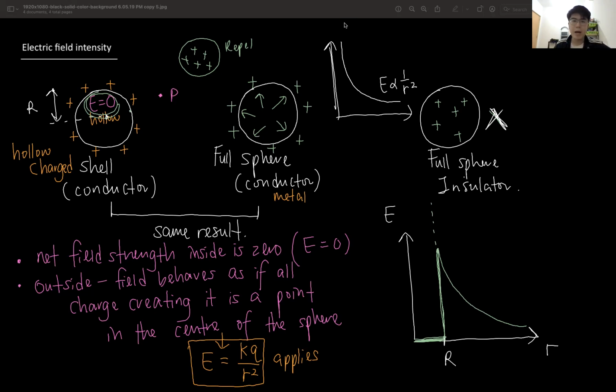That is outside the surface, because outside the surface it is treated as a point source. So the graph is going to look the same as this one. That is outside. What happened inside? Inside, the field cancels out, leaving 0 field. So the graph looks like this.